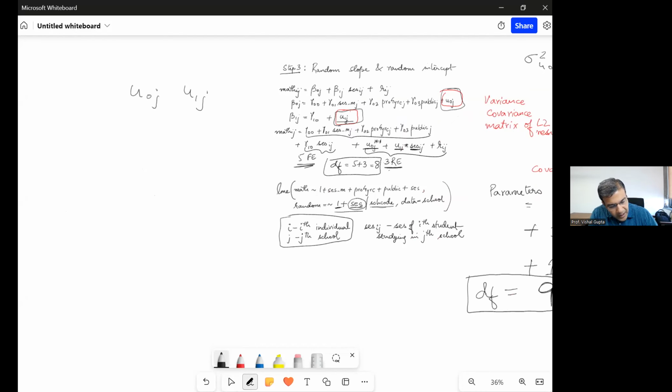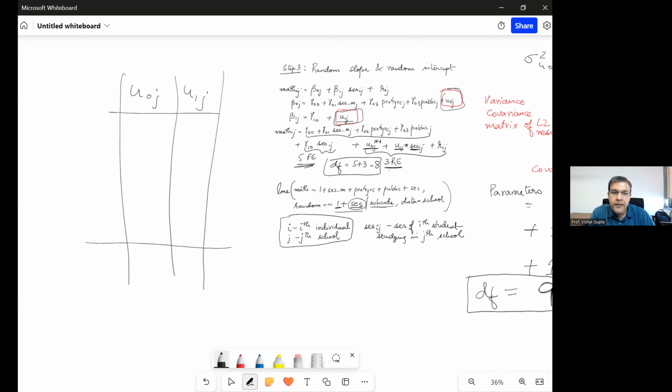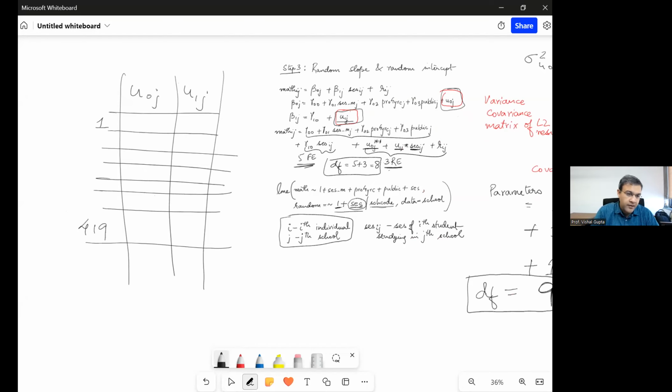How many entries will it get? Can you guess how many entries in this series? J is the number of clusters, very good. So how many entries would there be? In this case, it will be 419, right, sir? Right.